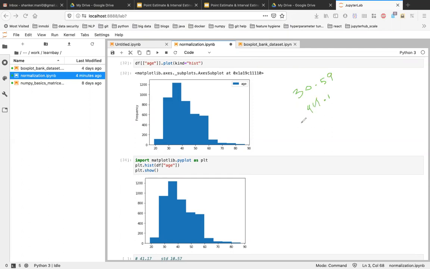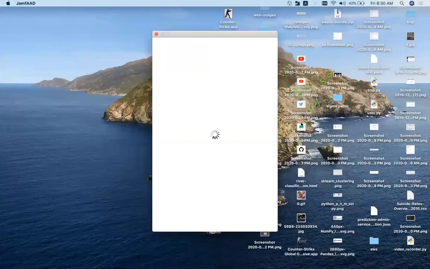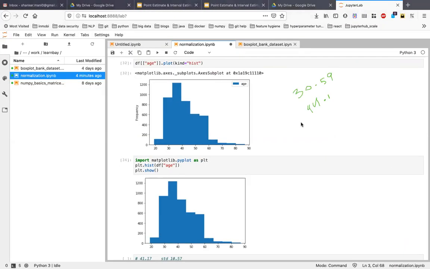What I did was I plotted the scaled age. Scaled, okay, that would give a plot between -1 and 1, which is within one standard deviation left and right. Correct. If I take the histogram, the return values would be counts, bins, and something else.